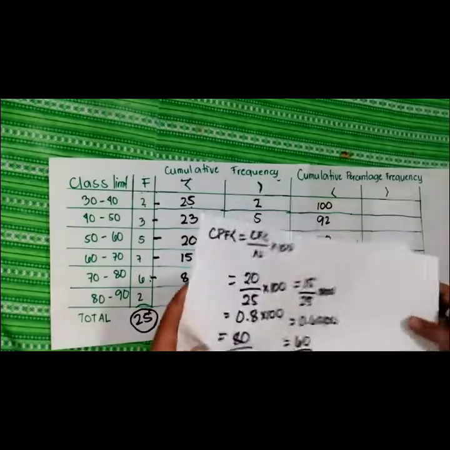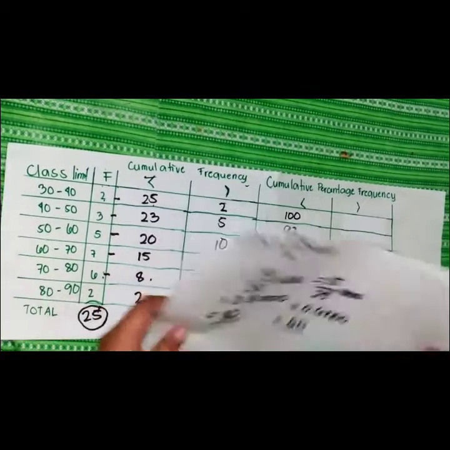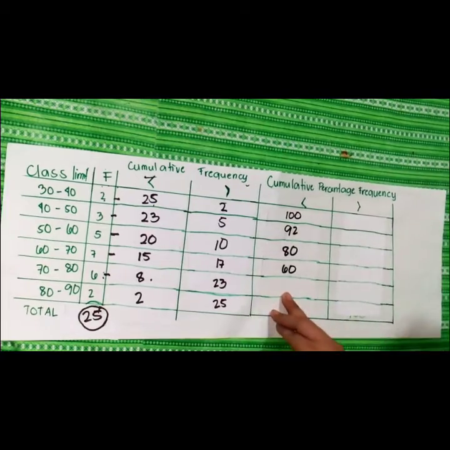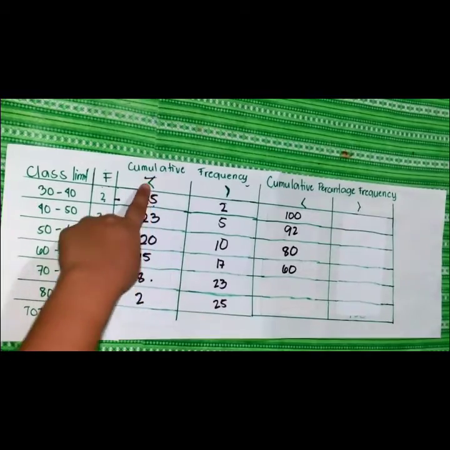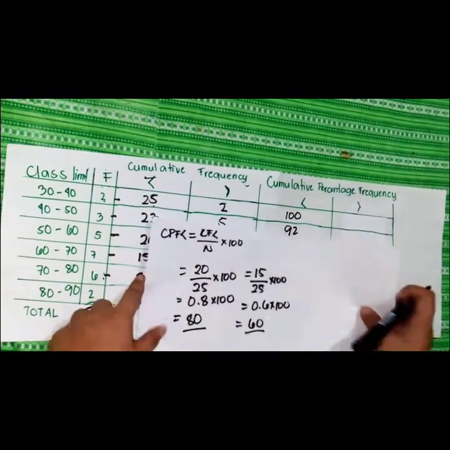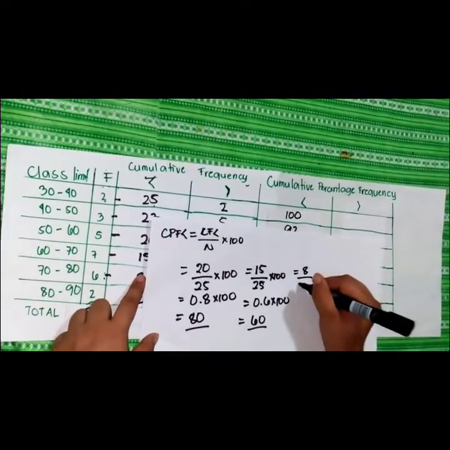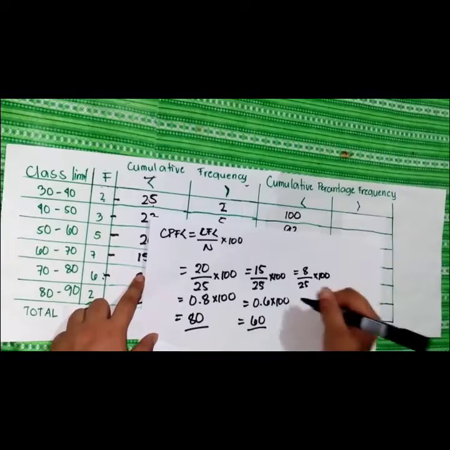Another example, in our fifth row. So in our cumulative frequency lesser than, we have a number of 8. So we are going to write 8 here. And we have a number of cases, 25 again, and times 100.